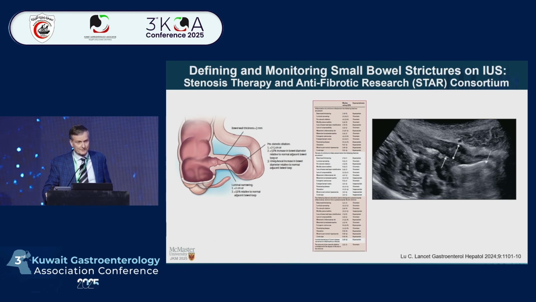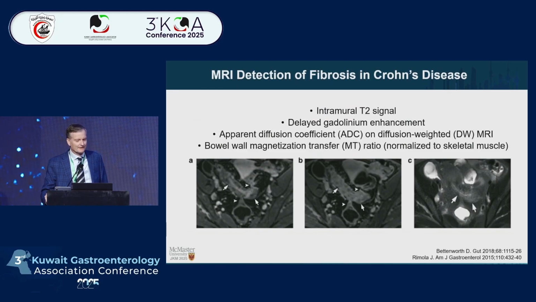I think ultrasound's a wonderful tool, and in Canada we're a little slower than some other jurisdictions, but we're starting to use this more and more in the clinic to get that more immediate bedside diagnosis of disease activity and specific complications, including stricture. But probably MR enterography has been our workhorse and is arguably the gold standard for imaging stricture in Crohn's disease.